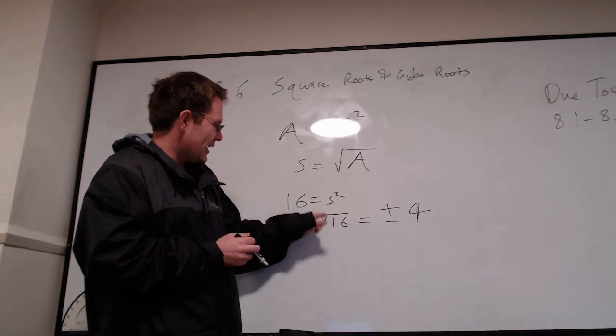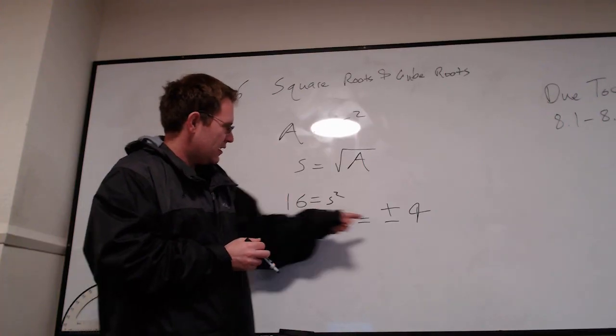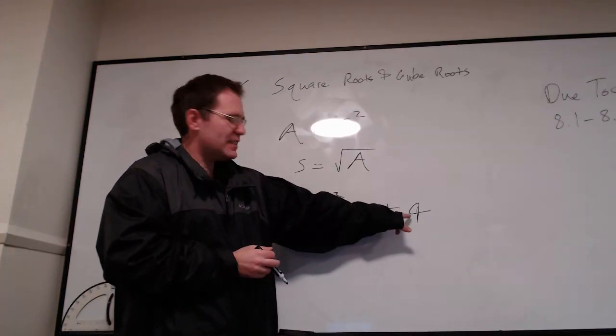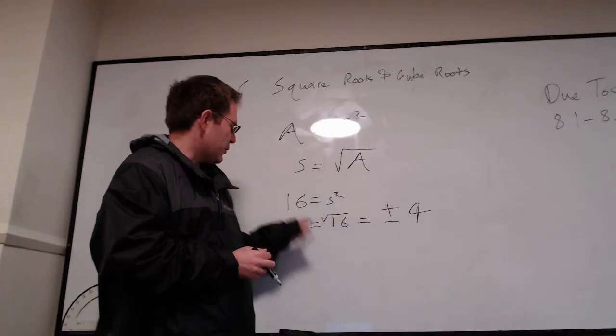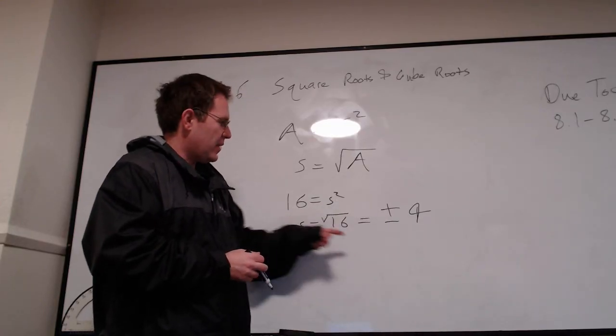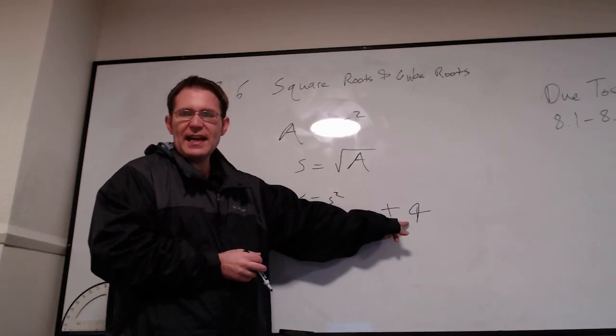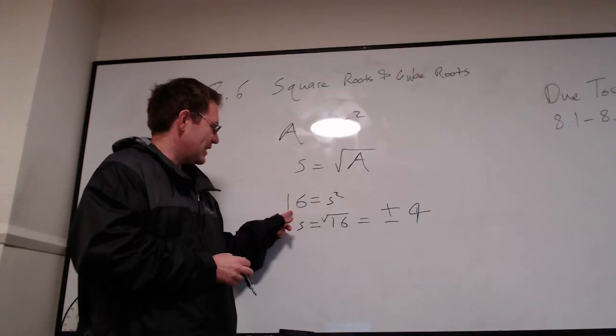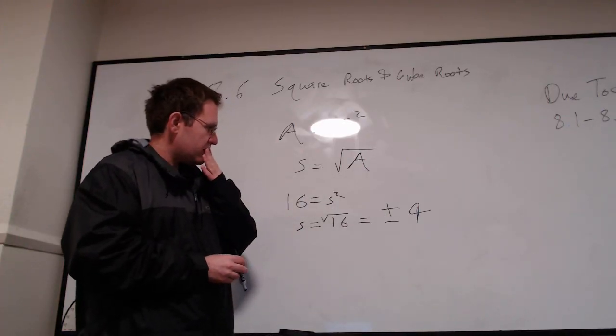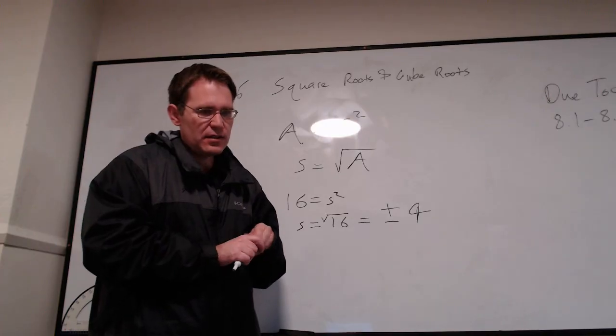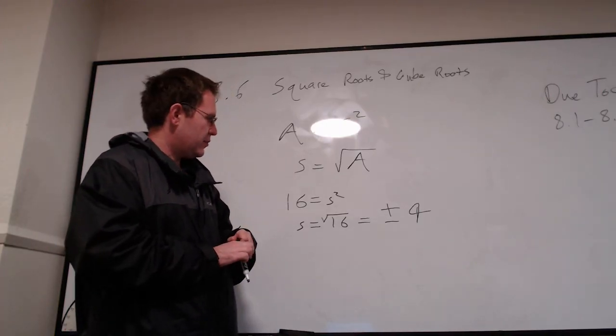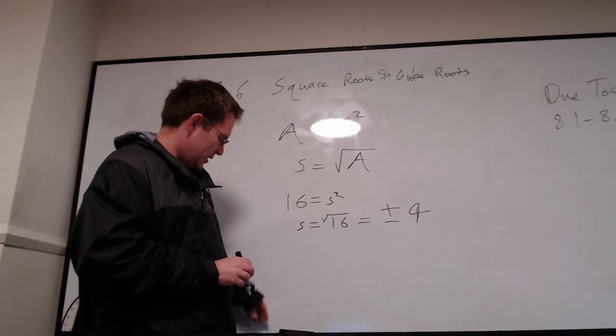If we multiply a positive 4 and a positive 4 times each other, we'll get 16. And if we multiply a negative 4 and a negative 4 against each other, we'll still get 16. So that's pretty straightforward.